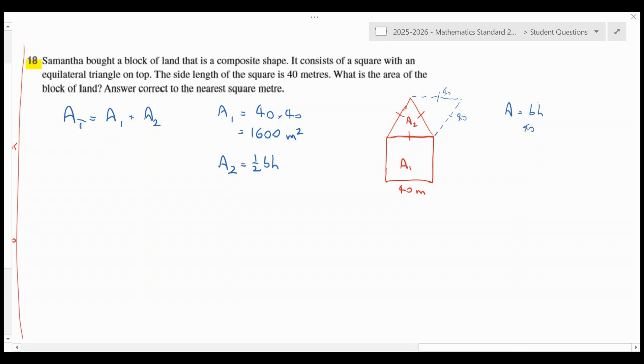So it'd be 40 times 40, which gives me 1,600. But that's twice as much, so we'd have to halve that, which gives us 800.